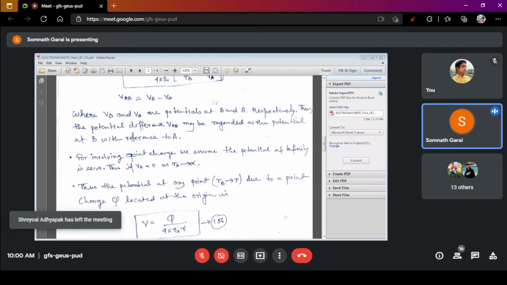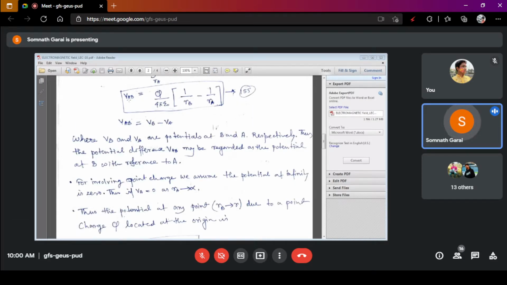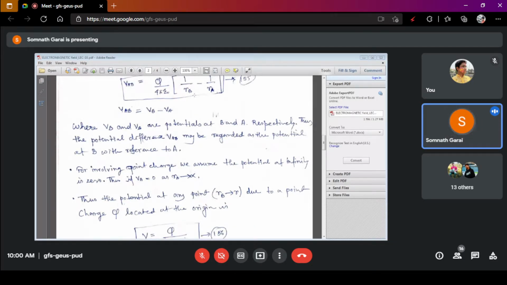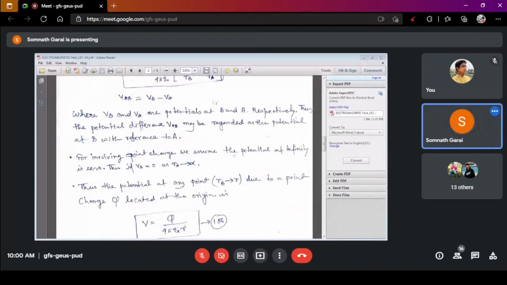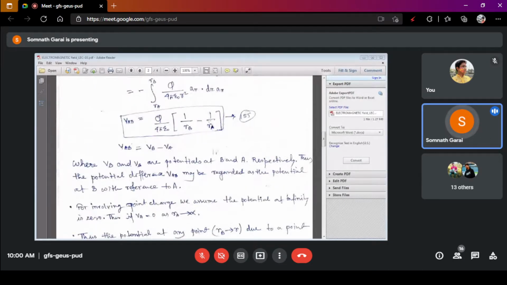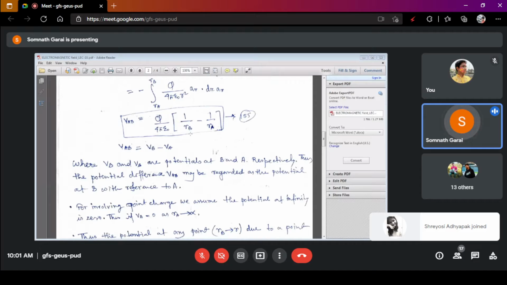Okay, so if we modify equation number 155, with RB tends to r and RA tends to infinity, then if RA tends to infinity, the 1 by infinity portion will be 0. And if RB tends to small r, that portion will be 1 by r.